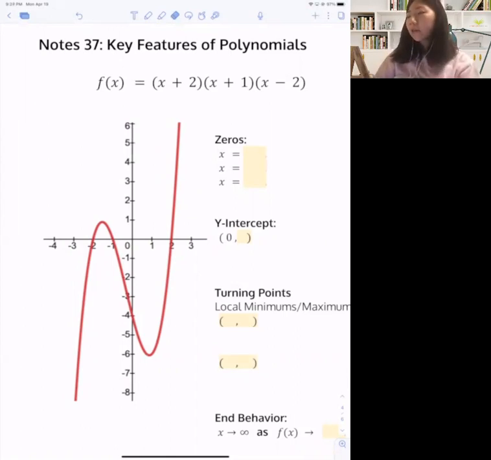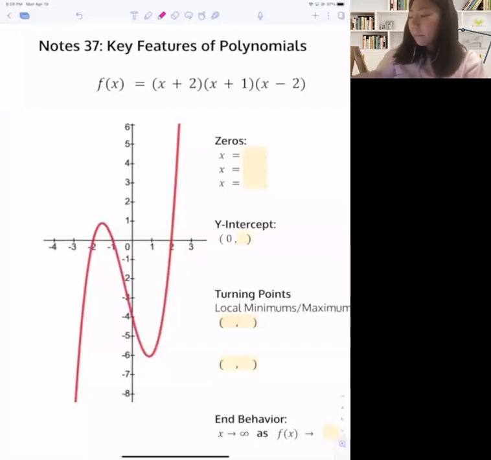The first thing that we want to find is our zeros. We can find our zeros by looking at the intersection of our graph with the x-axis.